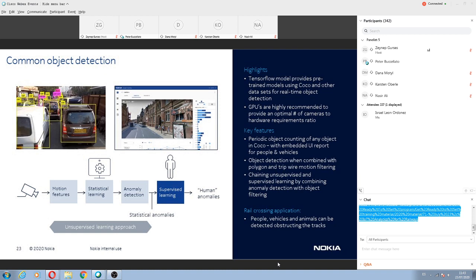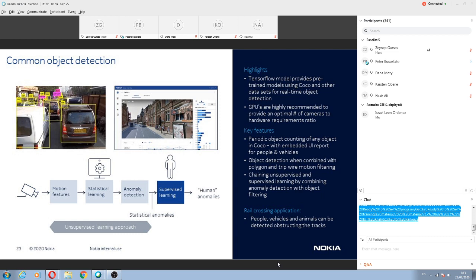We talked about common object detection, and we also talked about this string that I have down here of understanding when motion occurs, and then looking at things from an unsupervised learning perspective, and then determining if there's an anomaly itself, and then piping that, using pipelining methods that we have built into the product using worldwide streams, to a supervised learning algorithm, in this case, object detection.